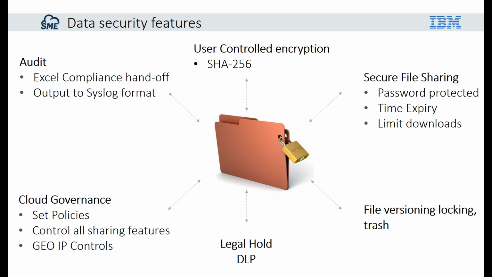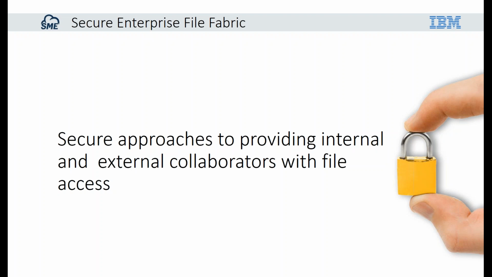There's the ability to set IT or user-controlled encryption, very strong encryption over and above any encryption at rest. There's vertical functionality in terms of specific things such as legal hold and DLP. There are things such as file versioning and locking, and of course in a solution such as this there's a way to be able to share files but in a secure way that has policies set against them that is audited and tracked. Next slide, please.